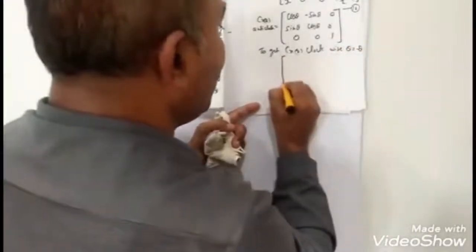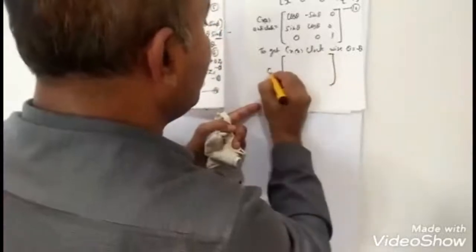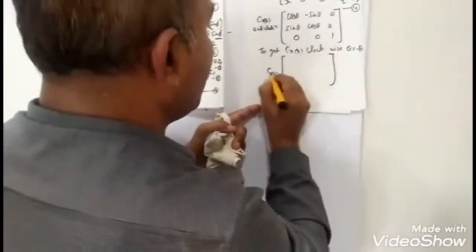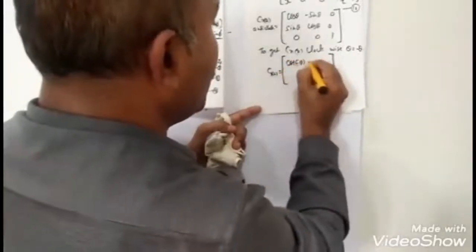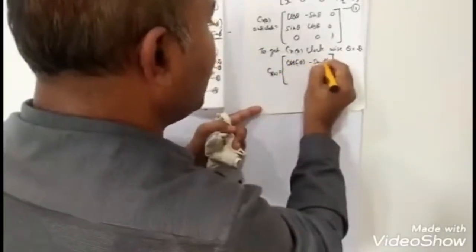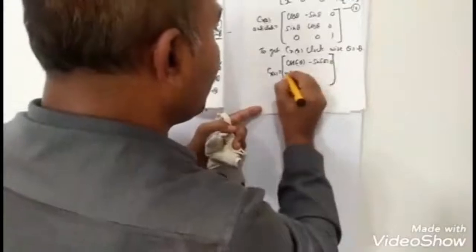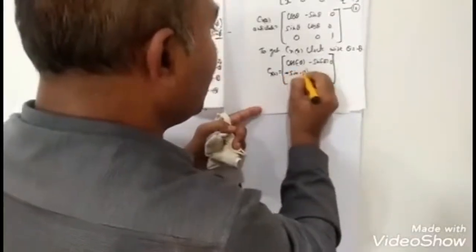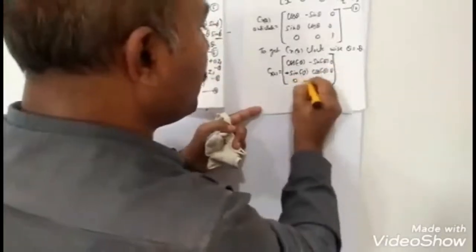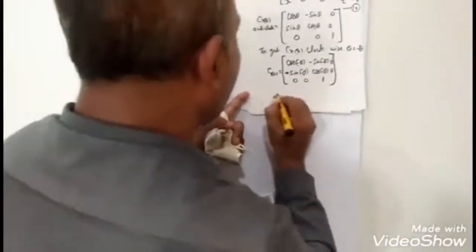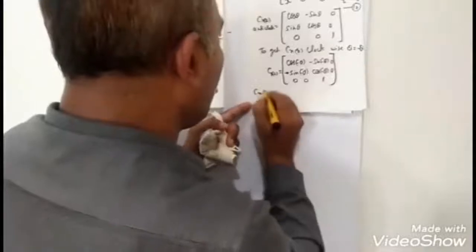Then the C and Z clockwise matrix is cos minus theta, minus sin minus theta, 0, sin minus theta, cos minus theta, 0, 0, 0, 1.